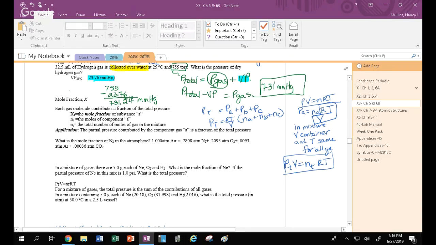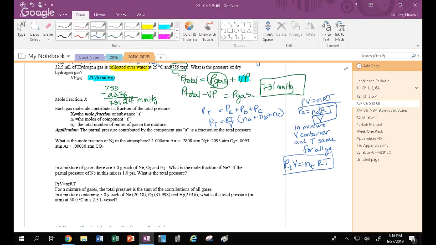Now, there's another version of this as well. If these things are a constant for everything in that mixture, then I could say that the pressure total over moles total would have to equal RT over V, which is a constant. Do you agree to that?